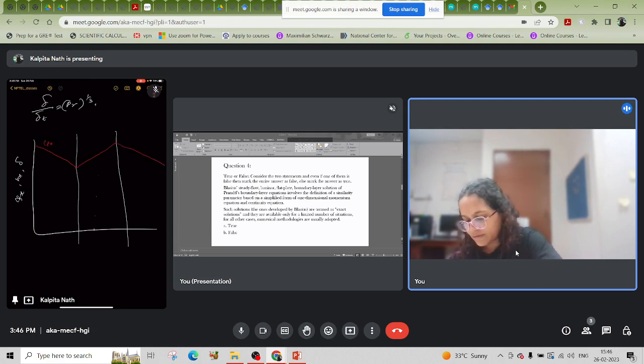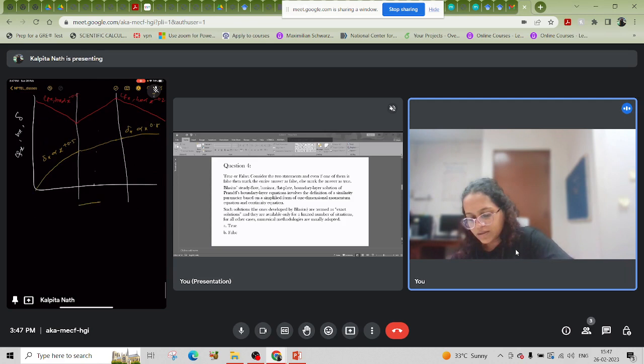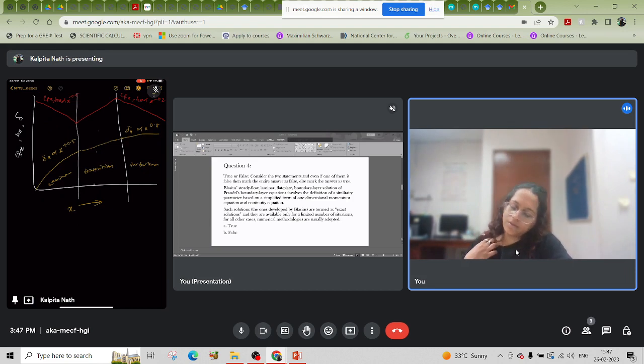This is C_fx and h_x proportional to x to the power minus 0.5. This is C_fx and h_x proportional to x to the power minus 0.2. And another one, this is delta_x proportional to x to the power 0.8. This is delta_x proportional to x to the power plus 0.5. This is x. This is laminar, this is transition, this is turbulent region. Laminar region, transition region, and turbulent.